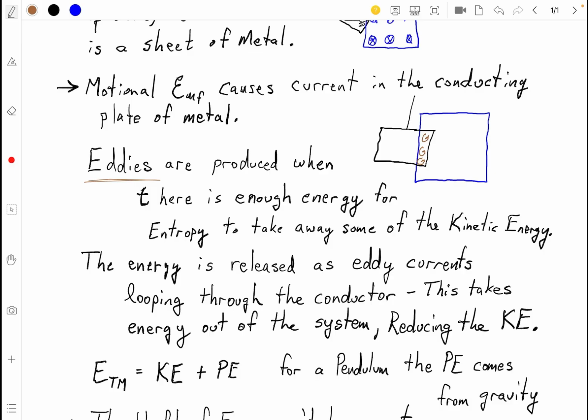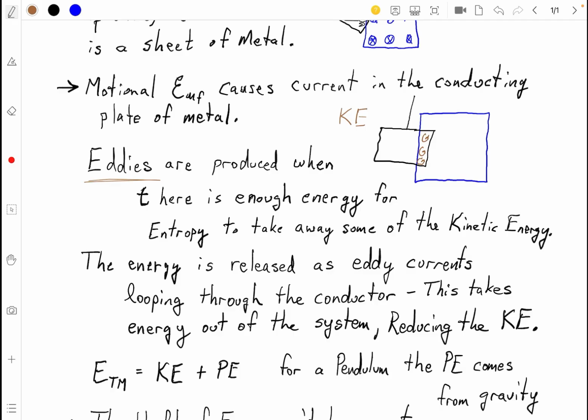Basically what's happening is there's kinetic energy from the actual movement of this plate, because 1/2 mv squared is the kinetic energy.